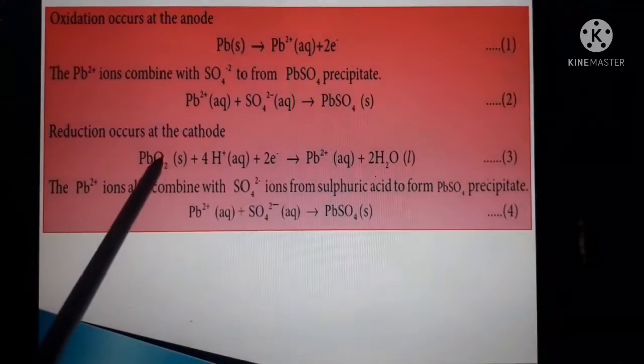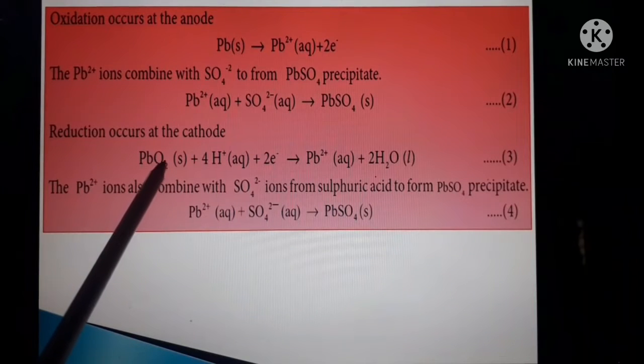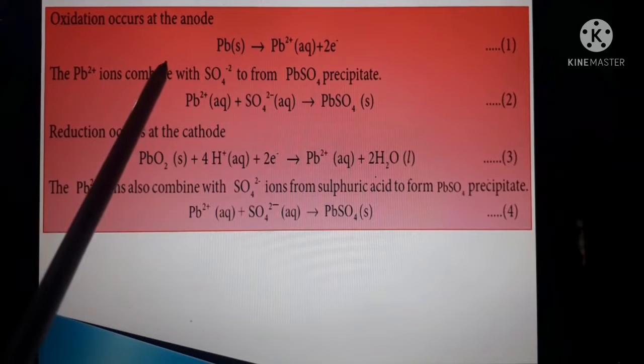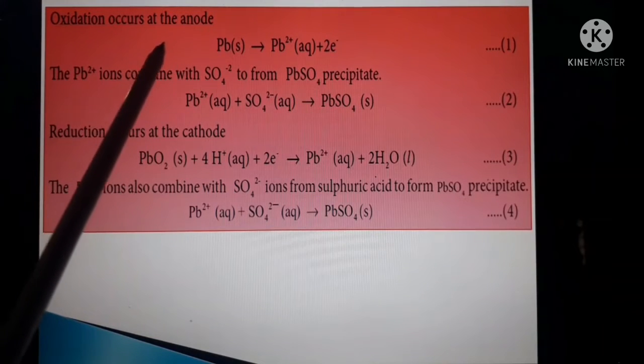the basic principle of the chemical reaction: oxidation occurs at the anode.